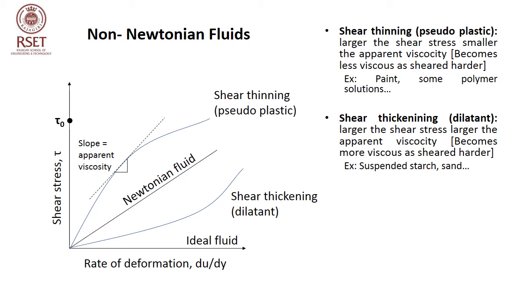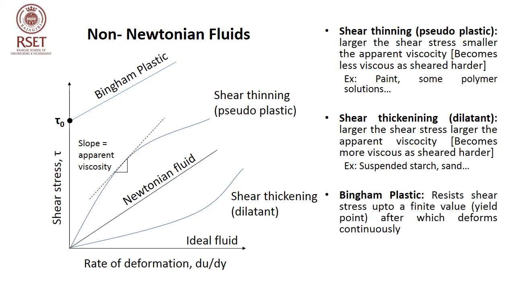Another case of non-Newtonian fluid is the one with a viscosity variation. There will not be any deformation until the shear stress reaches a permissible limit. After that, it will act similar to a Newtonian fluid. Such fluids are called Bingham plastics.